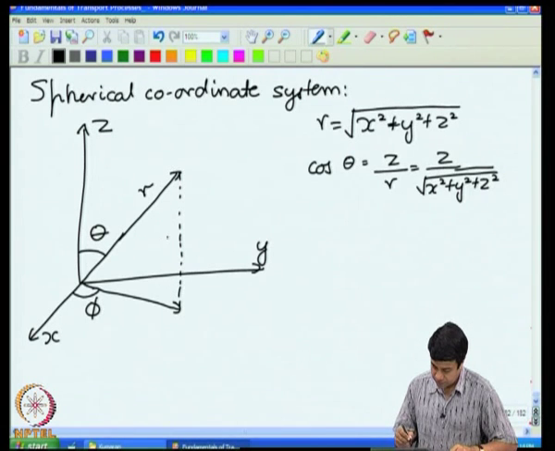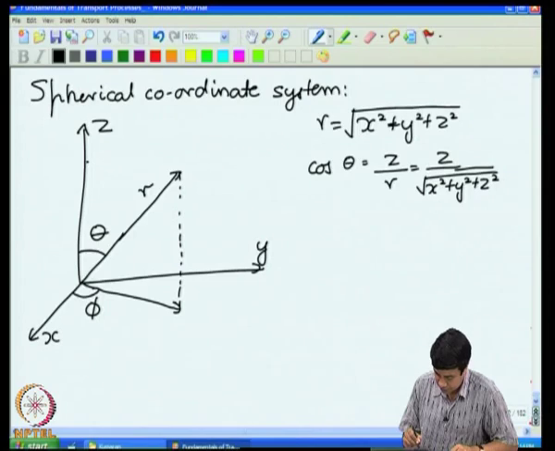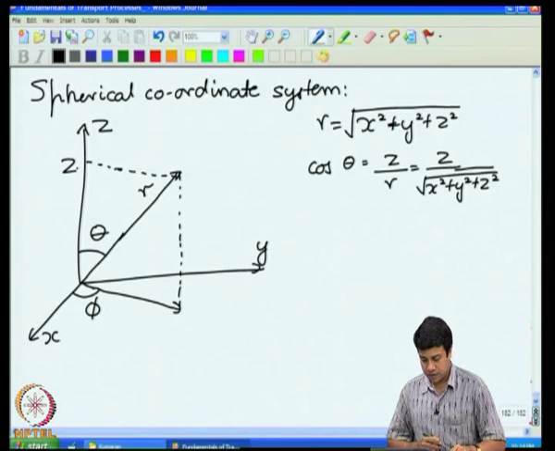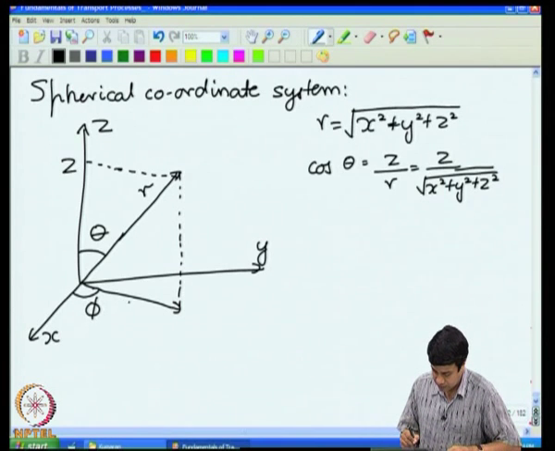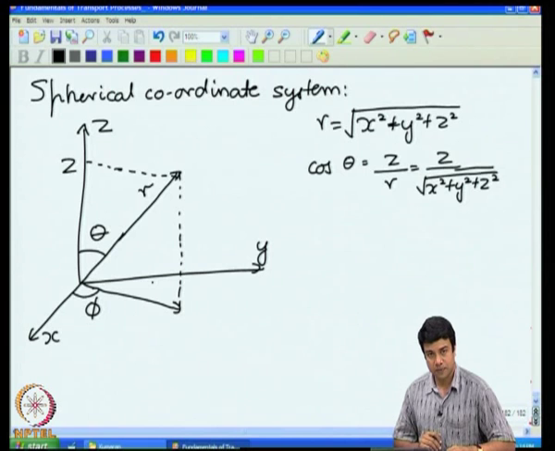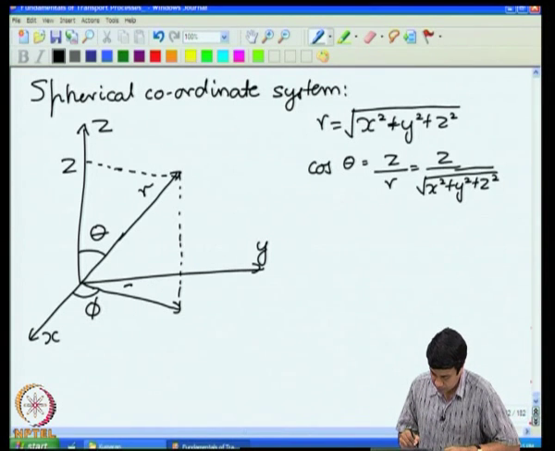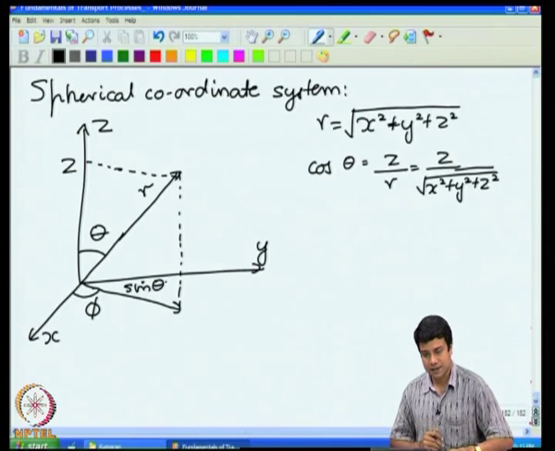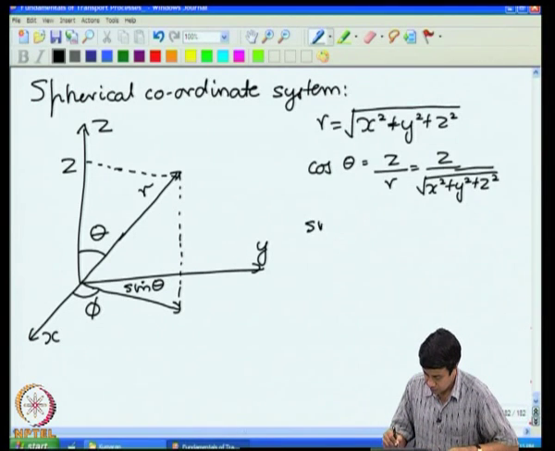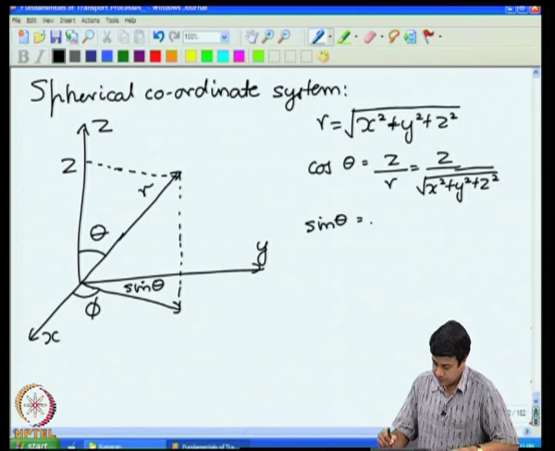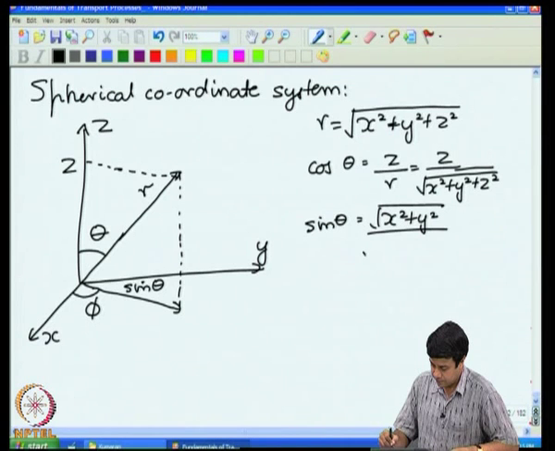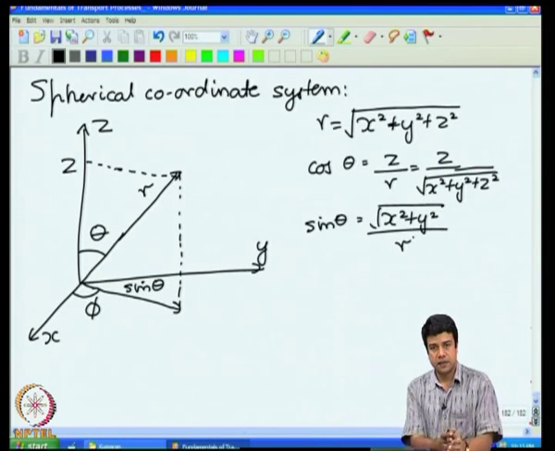Now, if the z coordinate is equal to r cos theta, that means that the projection onto the xy plane of this vector has to be equal to r sin theta. That means that sin theta is equal to square root of x square plus y square by r. So, that is sin theta.